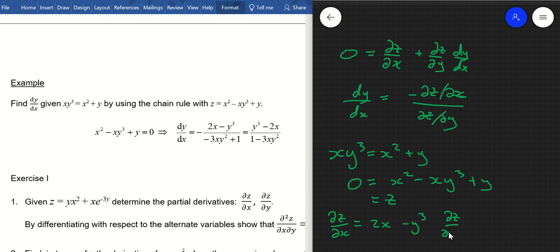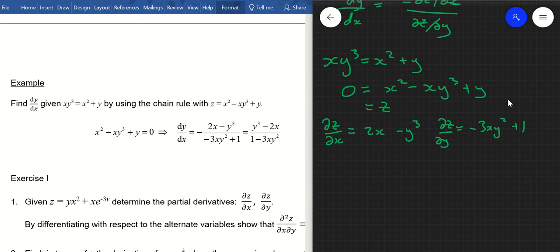Let's do the other partial. x is constant, that goes. x is constant, we differentiate y, so it's minus 3x y squared. And y differentiates to 1. Okay, so that's what we've got in the notes.